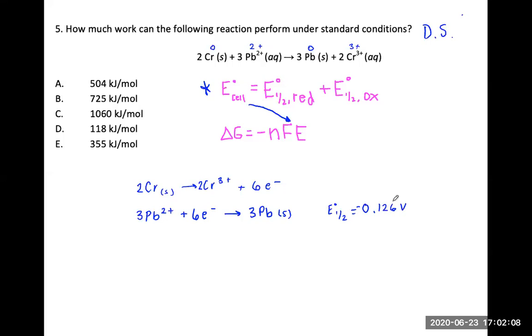Then for the oxidation of chromium, I'm going to find the chromium reduction half reaction. When I find it, it's negative 0.74. But that's for the reduction of the ions, and instead I have the oxidation of the metal. So I'm going to flip the sign from the data sheet, and it's going to be positive 0.74 volts.